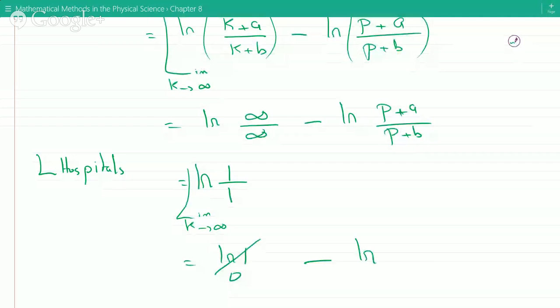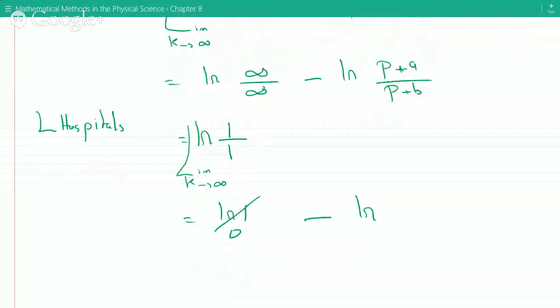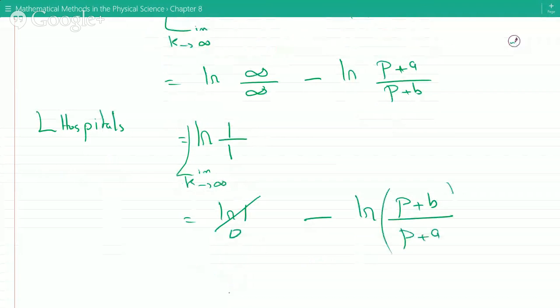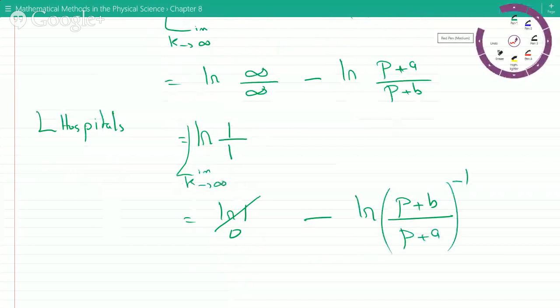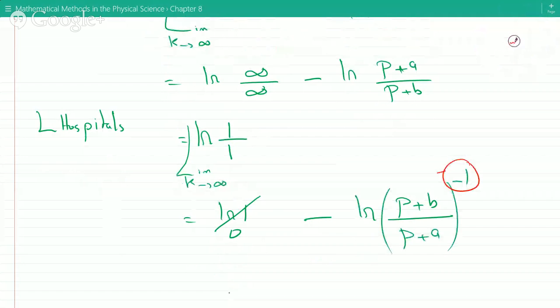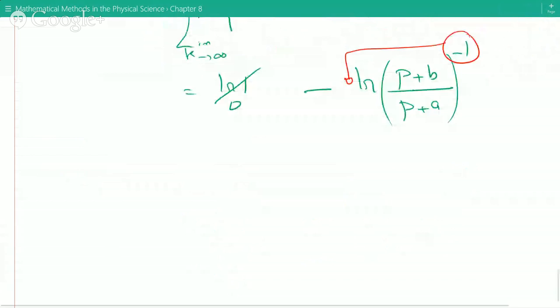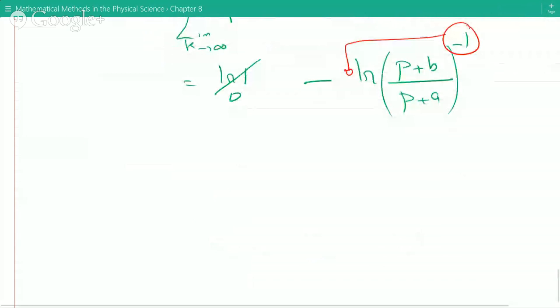Now I could flip these two, so I can get the answer in the table: p plus b over p plus a, at the cost of a minus sign here, yeah? But by the properties of the logs, I can make this minus sign dive in here. And a minus and a minus will give me a plus.